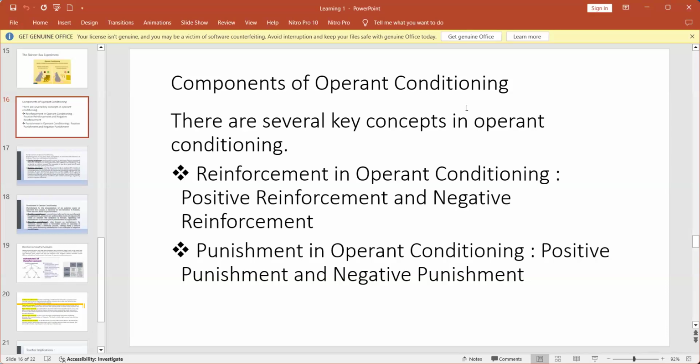So now the bad behavior of not doing homework, you want to weaken it, but you are using negative punishment. So you are going to remove something from the learner, something that the learner likes. So that particular learner not doing homework likes sitting with his best friend.